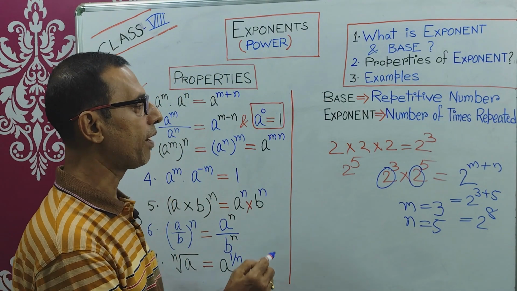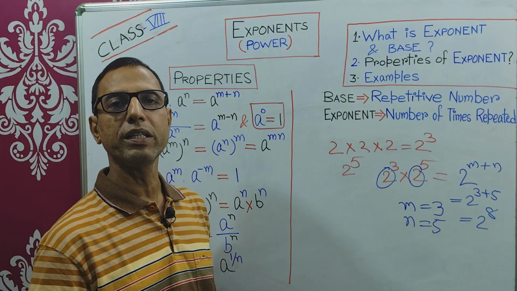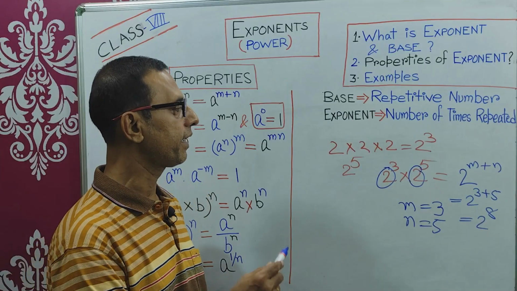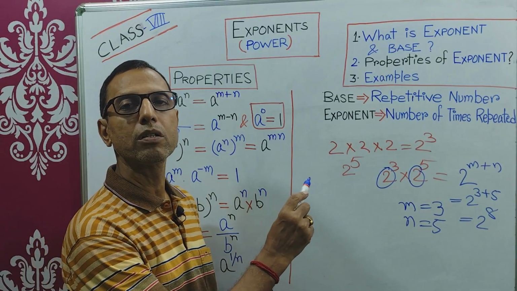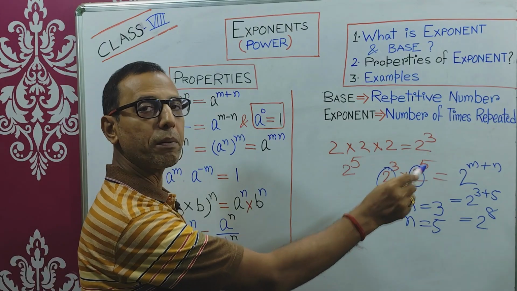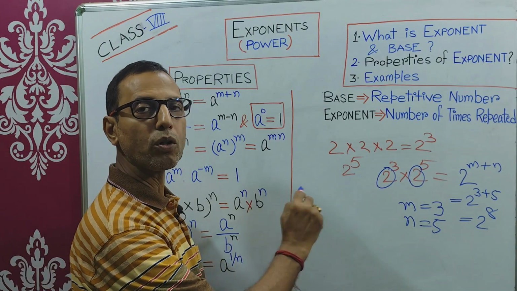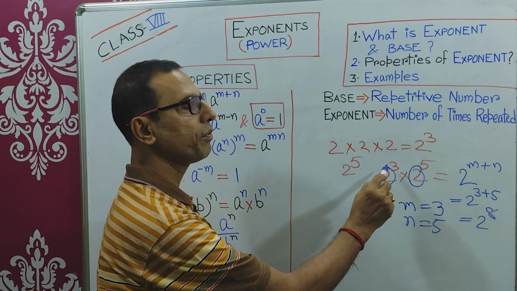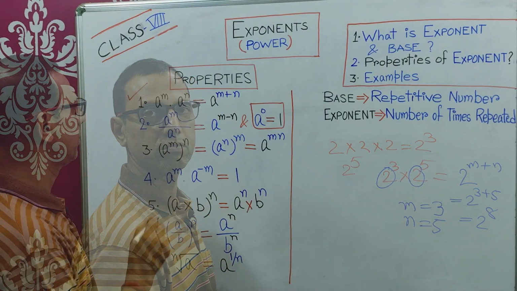So if you are multiplying two numbers with the same base but different exponent or power, in that case you will add up the exponents. It could be multiple numbers. If all the bases are equal, the base will remain the same, and you will keep on adding the powers.